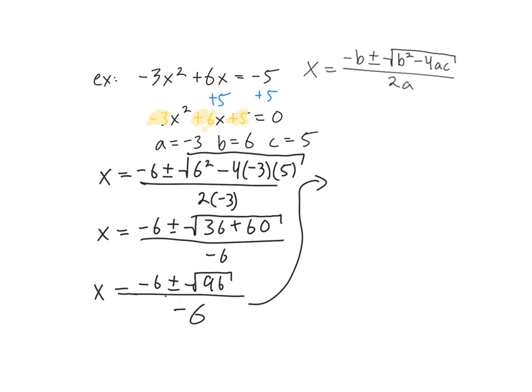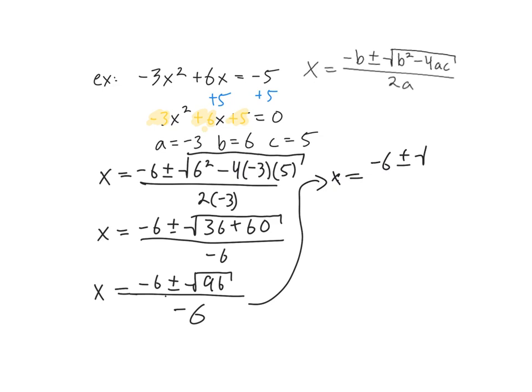Okay. See if I can squeeze it in on this page. So I'm going to try and simplify this radical so that we can break it up a little bit, simplify this expression. We're going to get x equals negative 6 plus or minus, let's see, the square root. What perfect squares go into 96? 4?